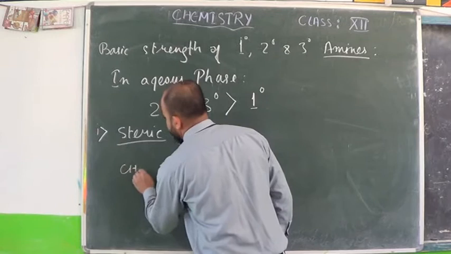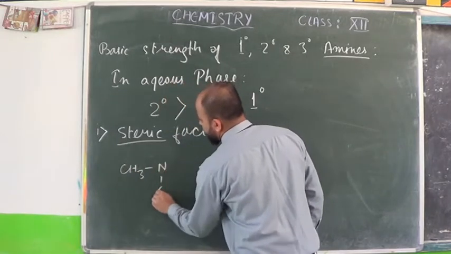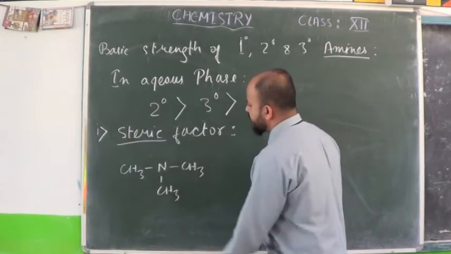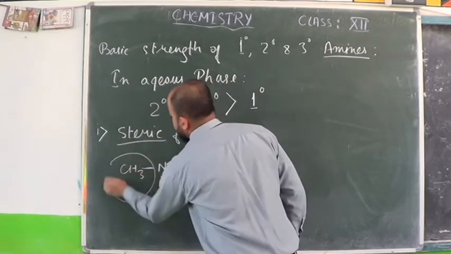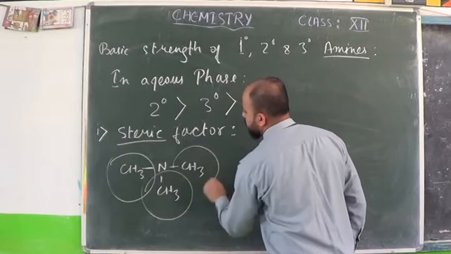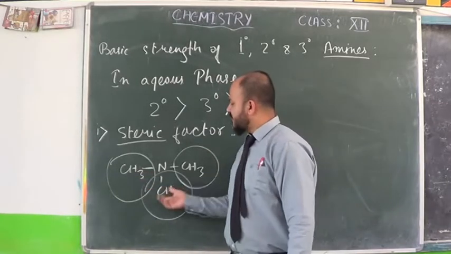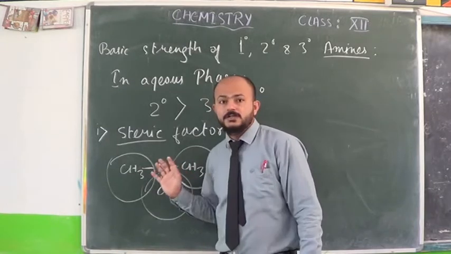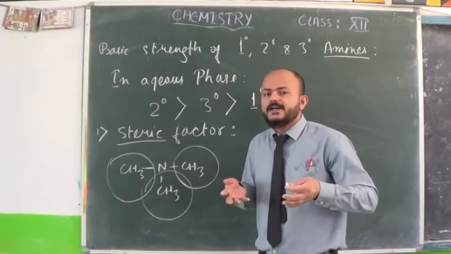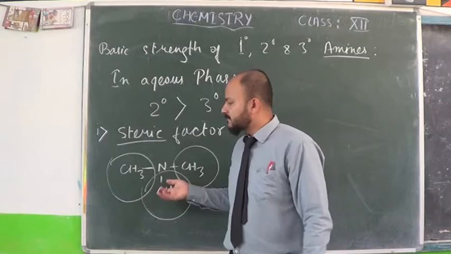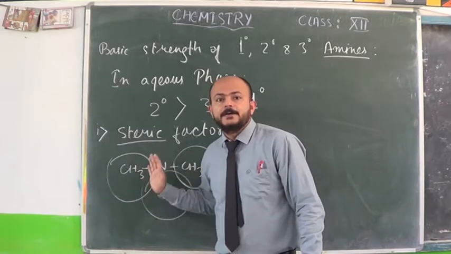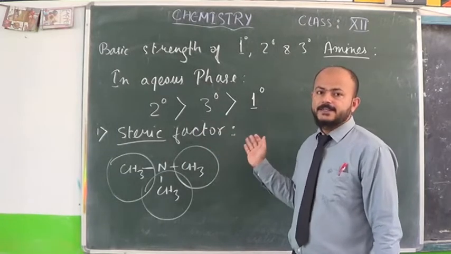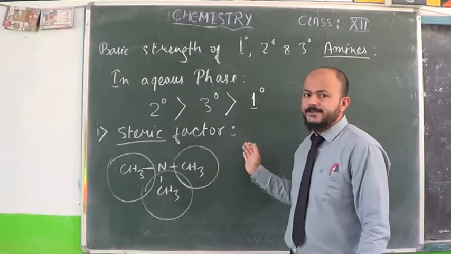Let's explain it with an example. So you have CH3 and CH3. In this case you can see these CH3 groups are bulky groups. Now since they are very crowded around nitrogen, they tend to remain as far as possible from each other. Because of this, its stability is least among second degree, third degree and first degree.